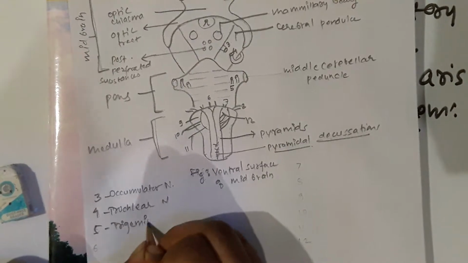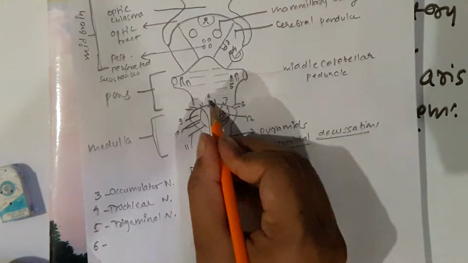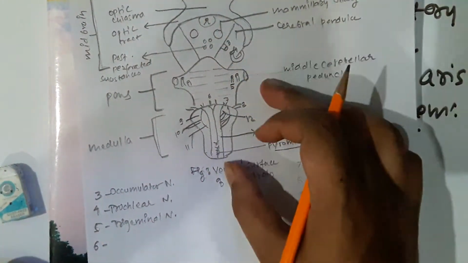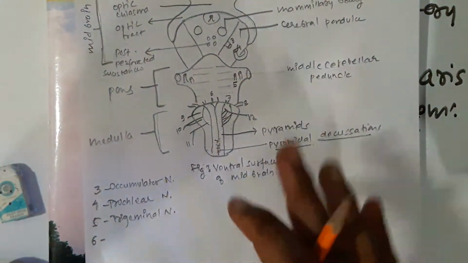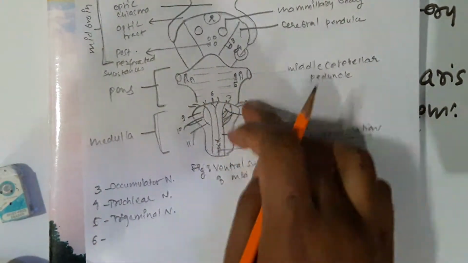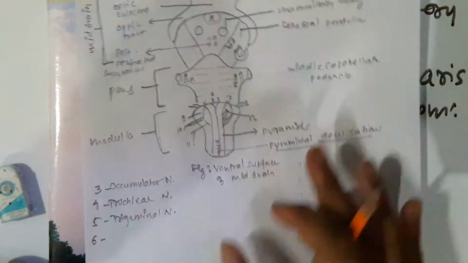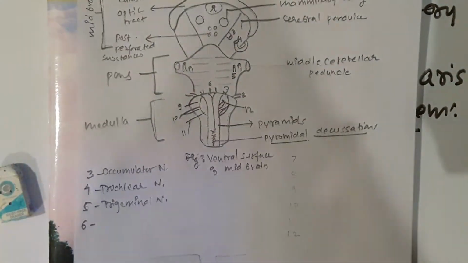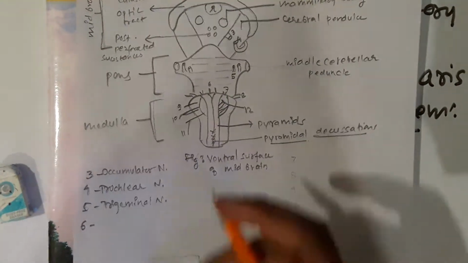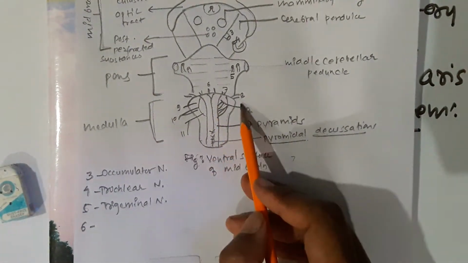Trigeminal, we'll discuss these things again later. 6th one is the abducens. You can remember oculomotor and trochlear easily, and the 5th in the upper part too, but to remember the sequence, always remember abducens, facial and vestibulocochlear. Start labeling from the middle: the first one will be the abducent, then the facial, and then the vestibulocochlear.